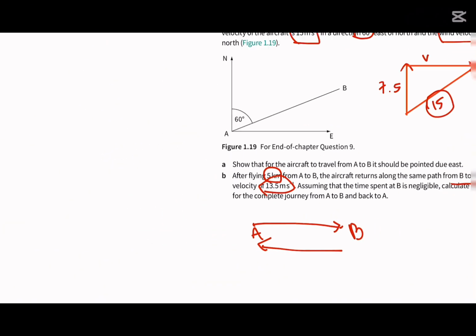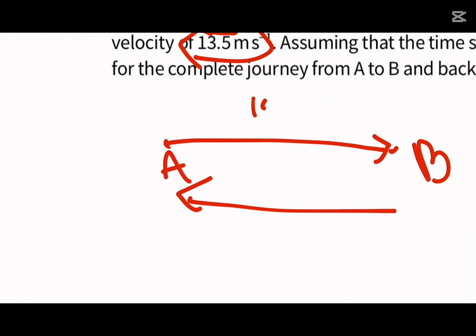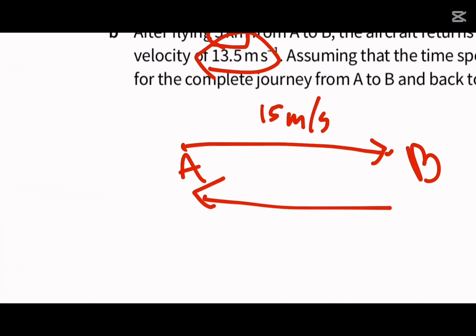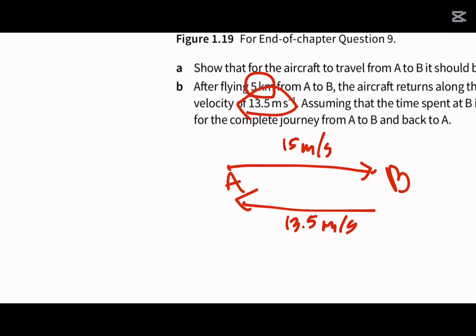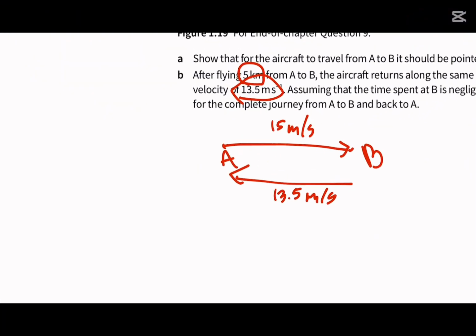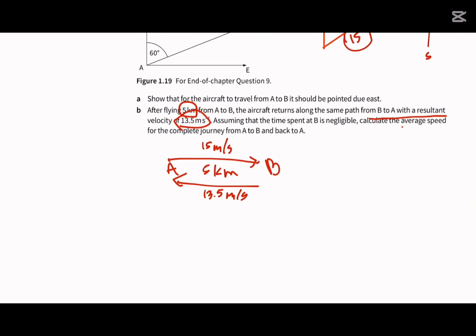From A to B it is 15 meters per second, while B to A is 13.5 meters per second. The distance is 5 kilometers. Okay, so I just need to find the average speed of the whole thing.